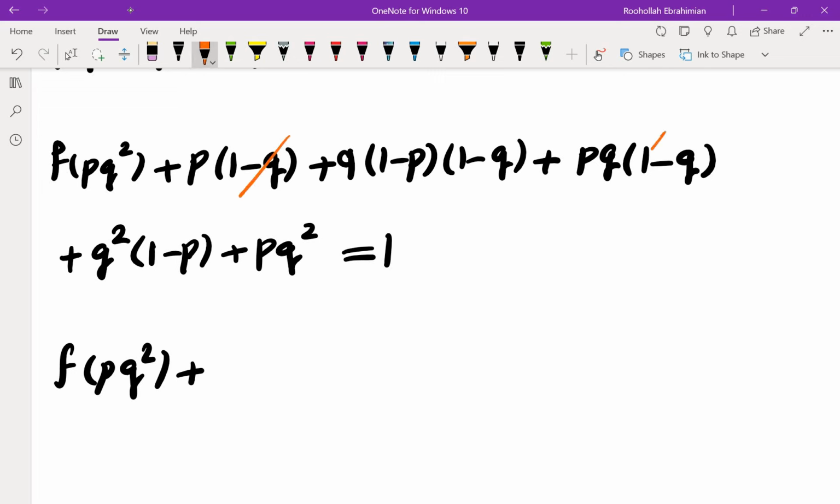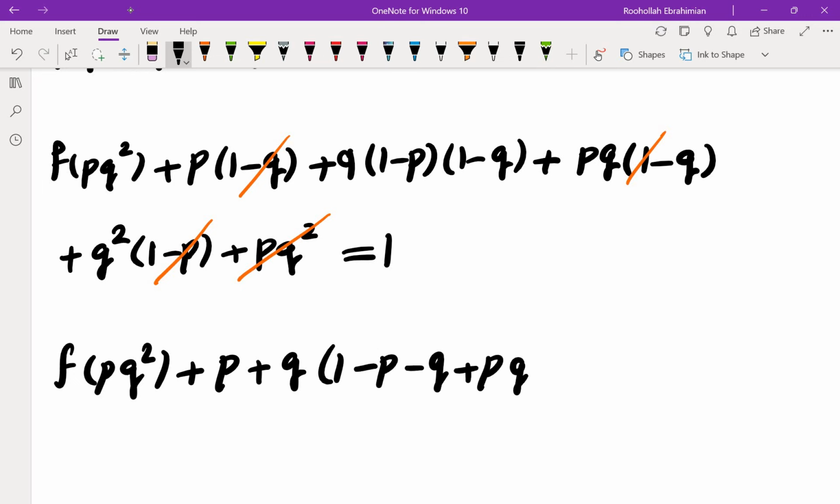We have a pq here and a pq here, they cancel. We have pq² here, and we also have a pq² here, so those two cancel as well. So let's just write down the rest. We get p + q times (1 - p - q + pq) - pq² + q² = 1.